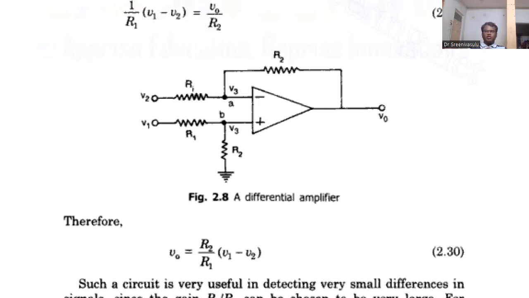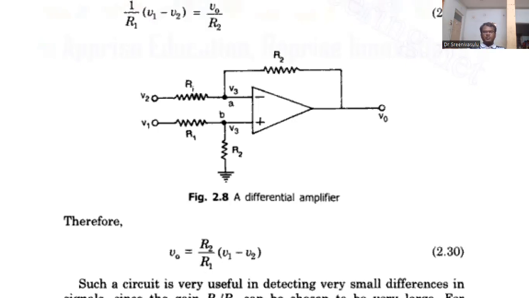Now, we need to analyze this differential amplifier circuit. Then we need to show the output voltage is proportional to the difference between the two input terminals. Simple idea is, again, we need to apply the concept of virtual ground. Now, if you observe here, what is the concept of virtual ground?